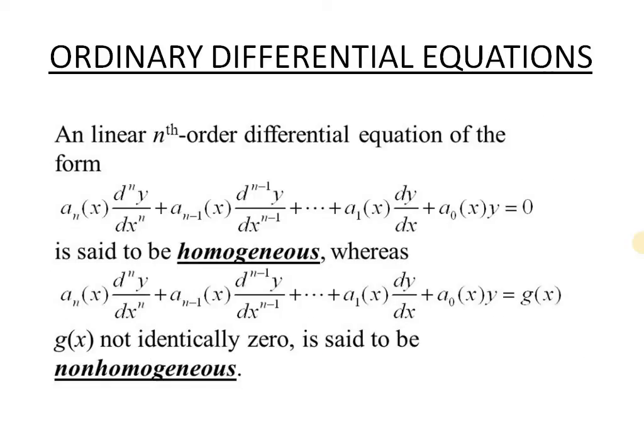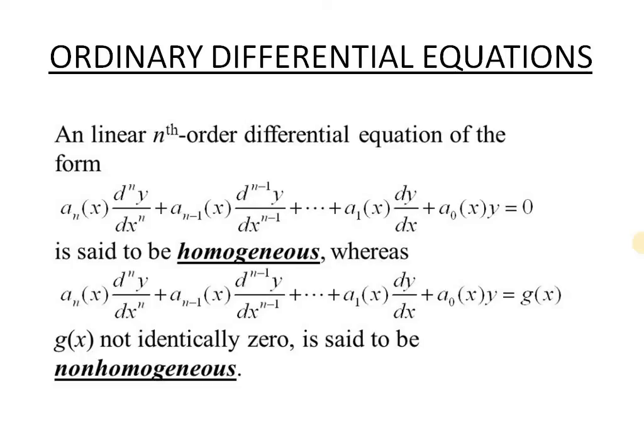Then we represent a linear nth order differential equation in the form a_n(x) d^n y/dx^n + a_(n-1)(x) d^(n-1) y/dx^(n-1) + ... + a_1(x) dy/dx + a_0(x) y = 0, where a_(n-1), ..., a_1, a_0 are constants or functions of x.